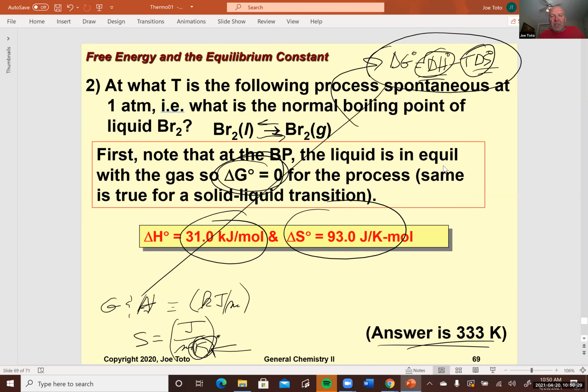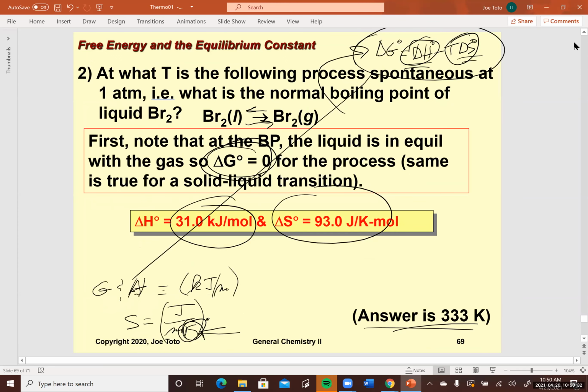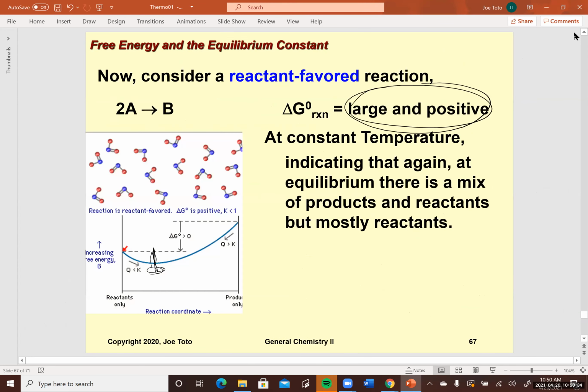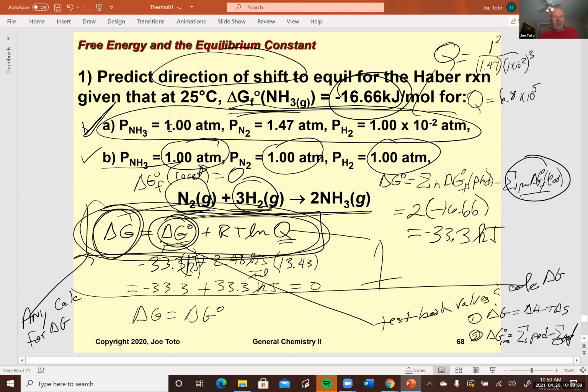Is it one back here that we looked at? Yeah, it was the number one. Okay, so this guy right here that has the equilibrium mixture. Oh, that's the equilibrium. Oh, okay.